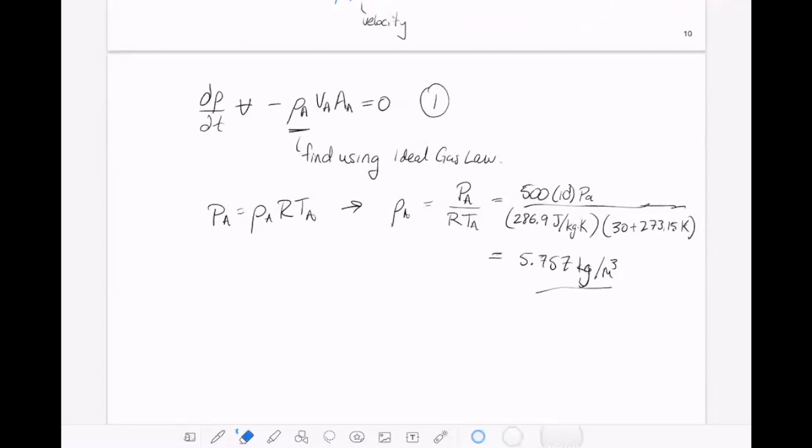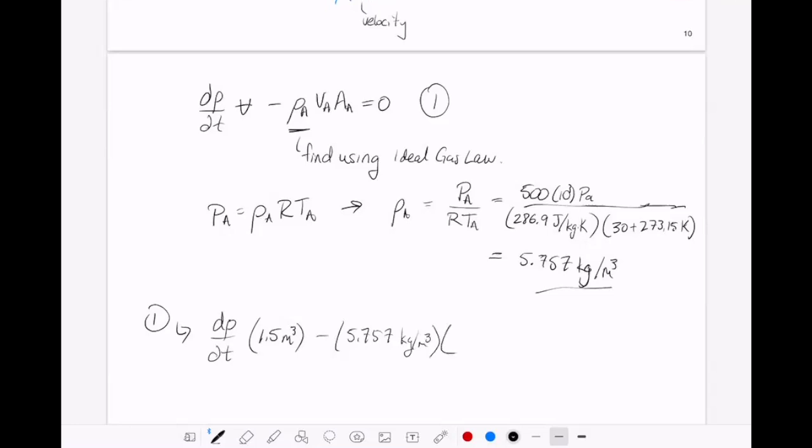So now let's substitute back into equation 1. We have the rate of change of our density times our volume, which is given to us in the question as 1.5 meters cubed, minus our density now, 5.752 kilograms per meter cubed, times our velocity.